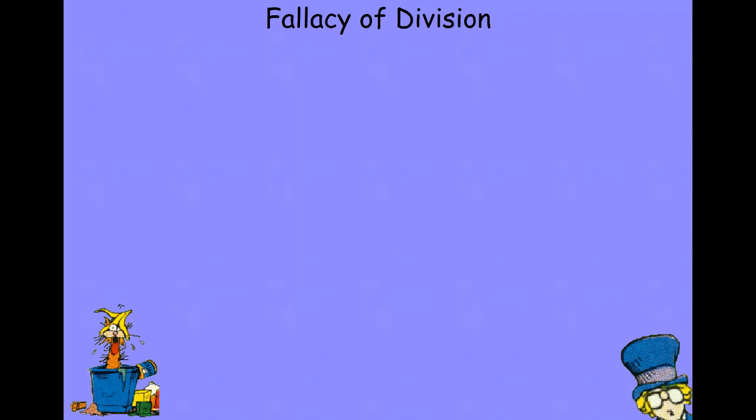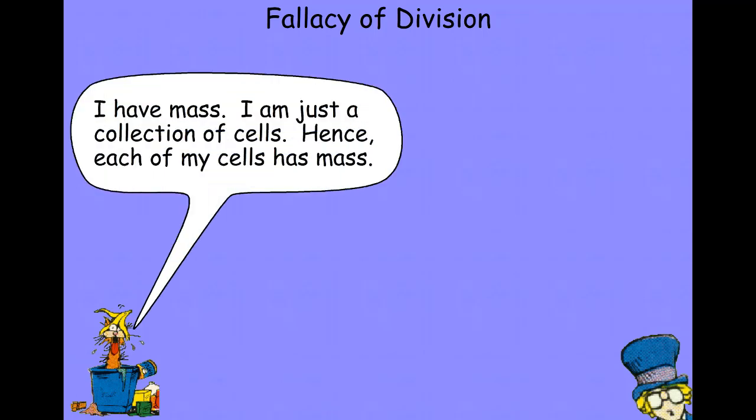Our other fallacy of grammatical analogy or illicit transference is the fallacy of division. So, for instance, if you came home and your cat said, I have mass, I'm just a collection of cells, hence each of my cells has a mass. You're going from observations about you as a collection, as a whole.